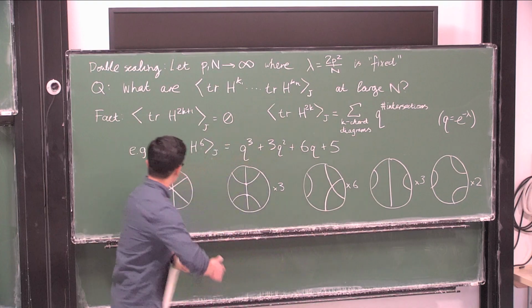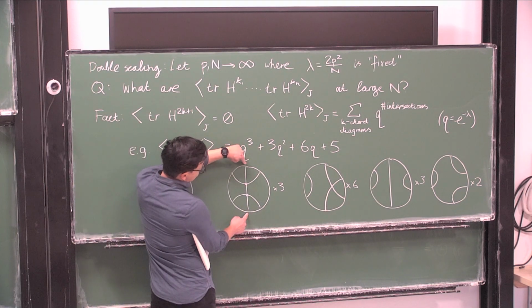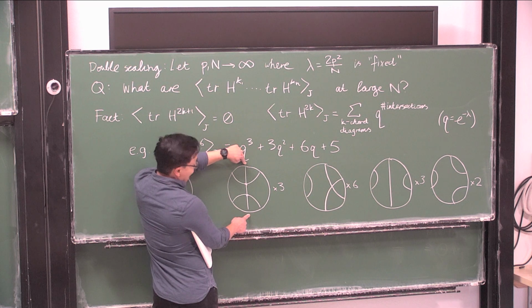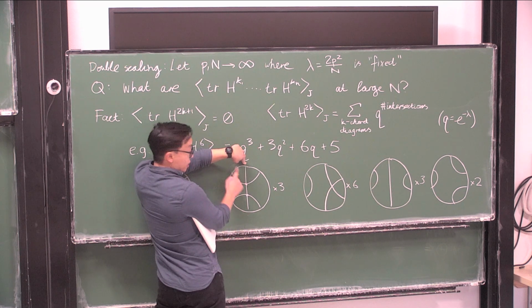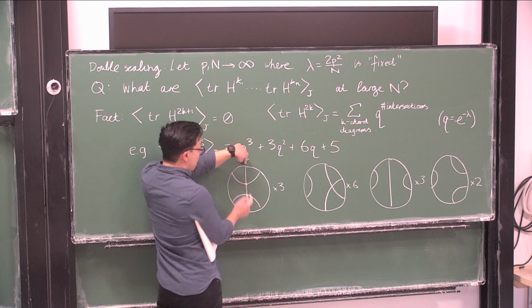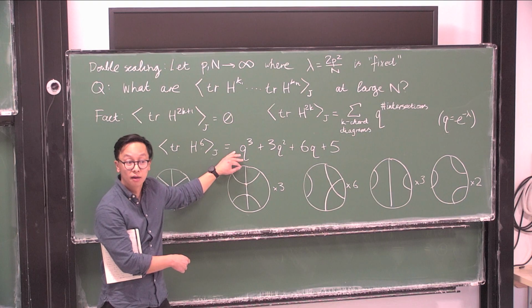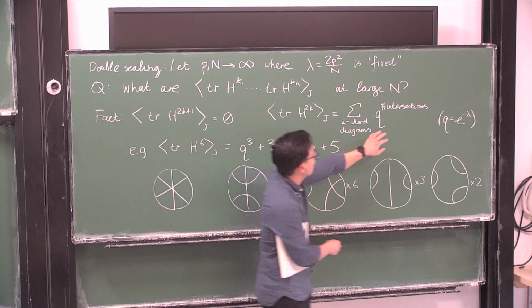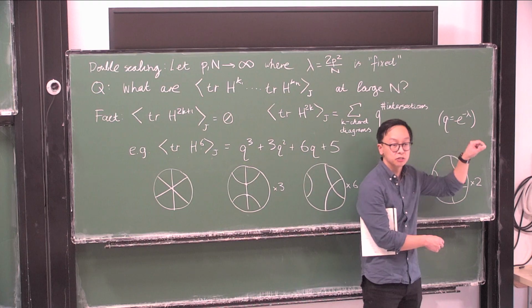Where does this parameter e to the negative lambda come from? Well, there's a random coupling here, a random coupling here, recall, and when you try to use this anti-commutation rule to move them together, you're going to pick up some number of negative signs along the way. And basically this is going to measure the number of negative signs you're going to expect.